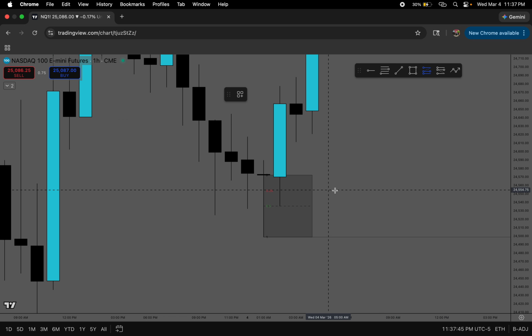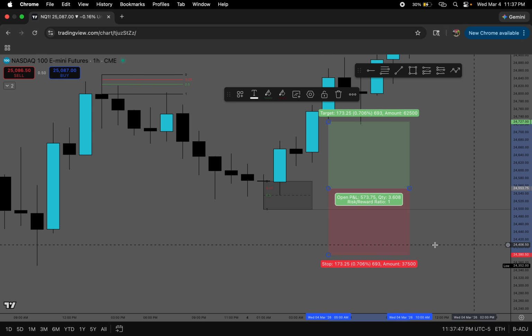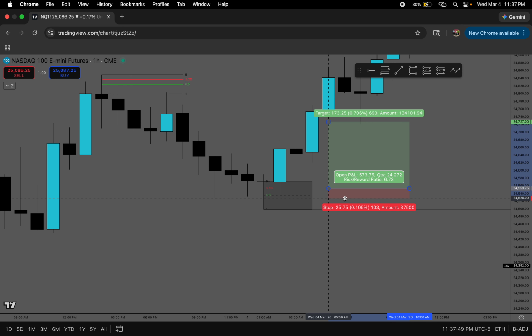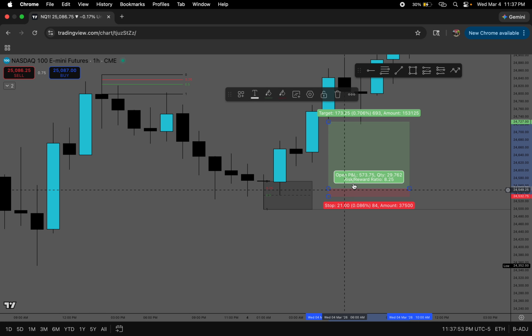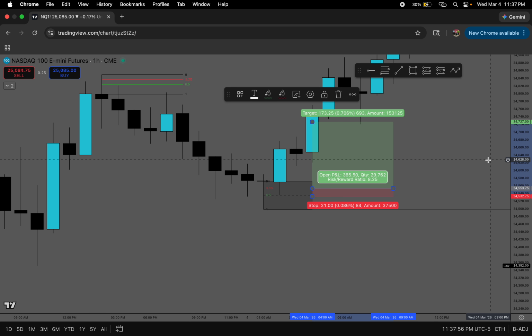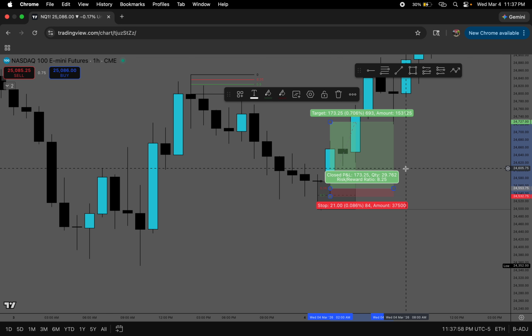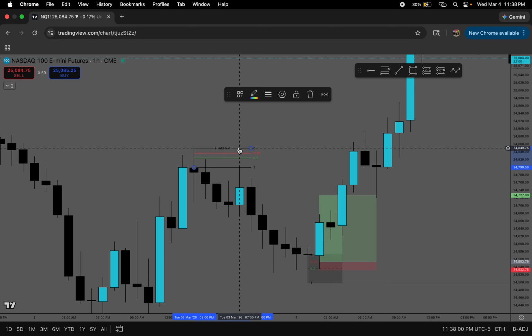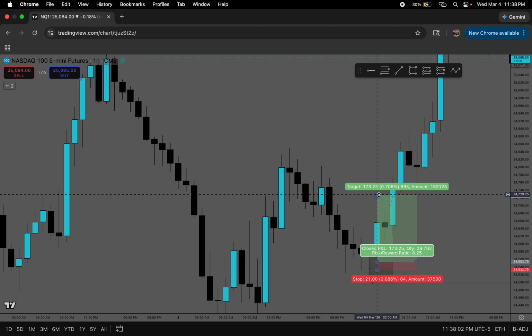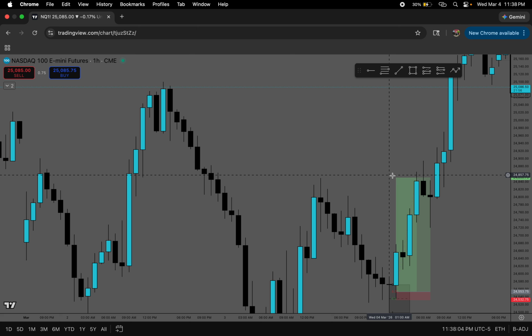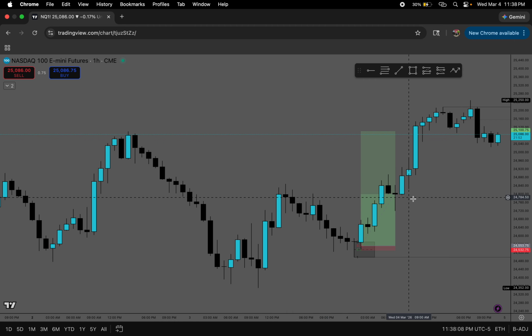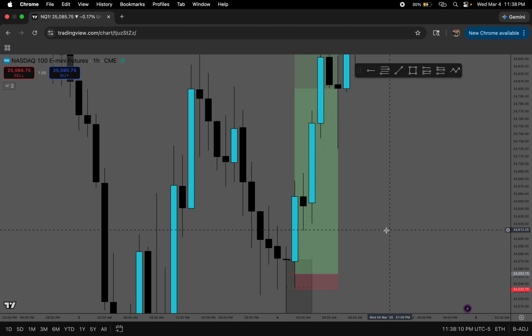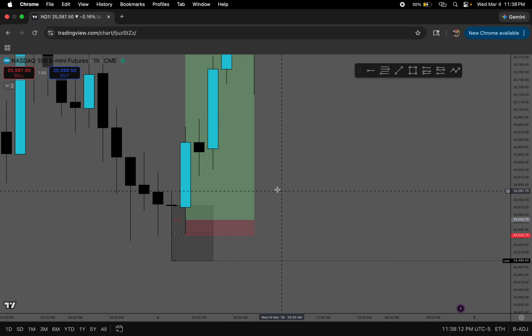Let's say you entered here. You could have got away with a 20-point stop. And you could just always target some opposing liquidity here. Now these highs are this major high. Like I said, if the wick was small here, you could have gotten away with it.